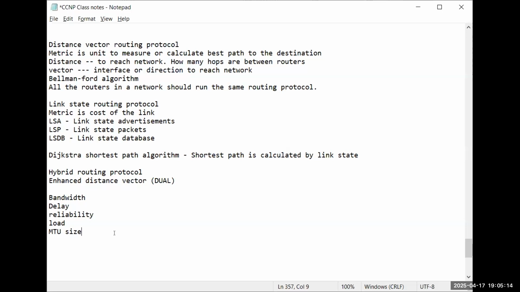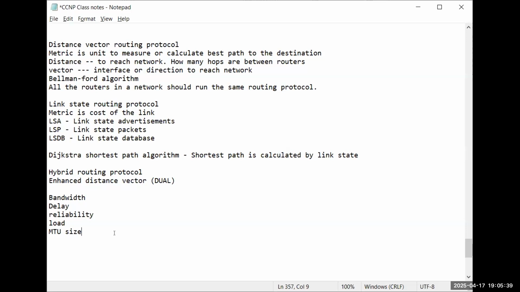Okay, so I am so-and-so router, I am having this many networks. In order to initiate that information, it's sent through a hello packet. It says hello, I'm here. The other router also says, hello, I'm here. These are my information. So on distance vector as well as on link state, it's going to exchange with the hello packets only.